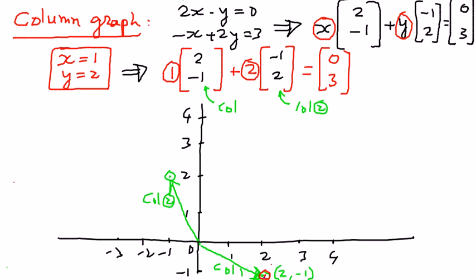So let us see that. From the starting point here, which is 2 comma negative 1, I'm going to move by negative 1, 2.